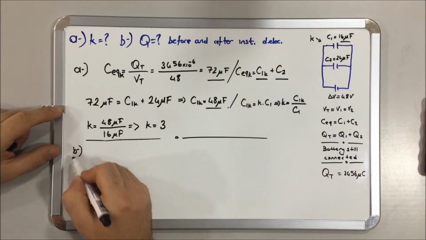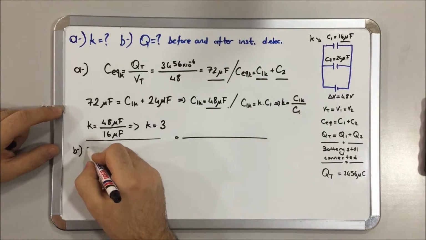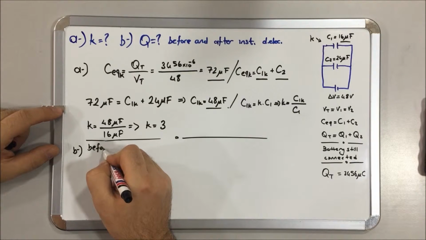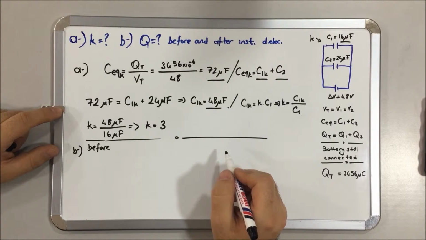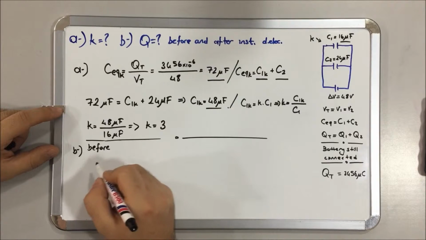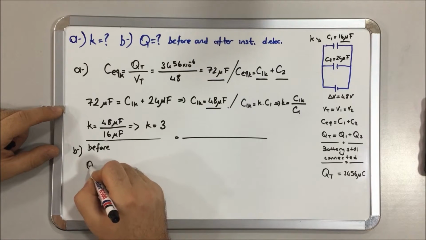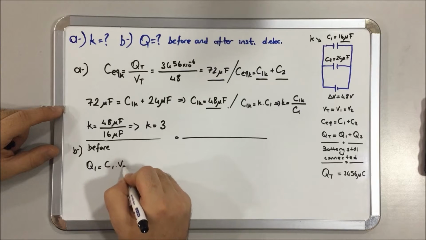Solution of B, it has two parts: before inserting dielectric and after inserting dielectric. First of all, I'm going to calculate the charge before inserting dielectric. Q1 is equal to C1 times V1.